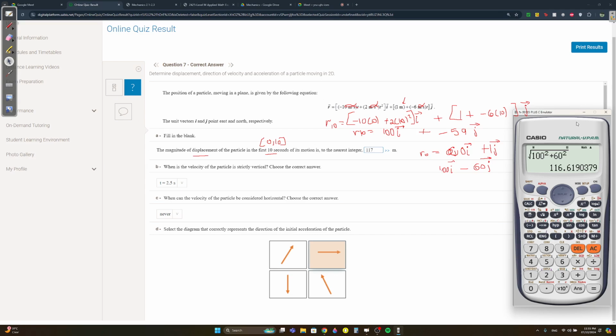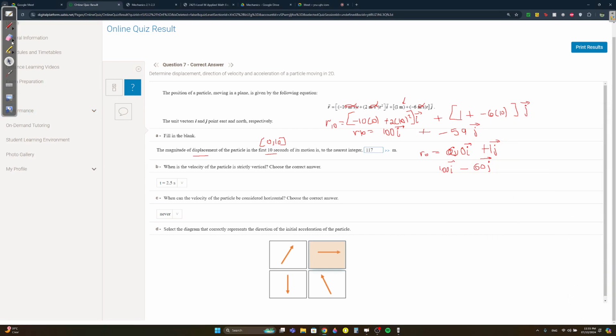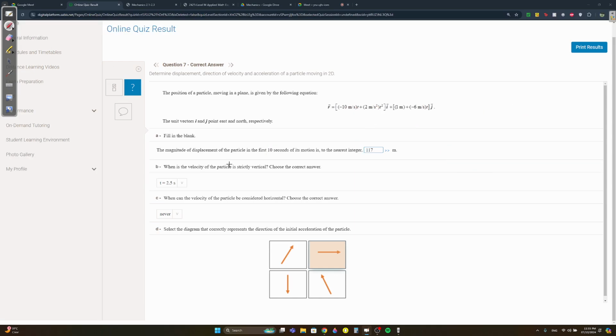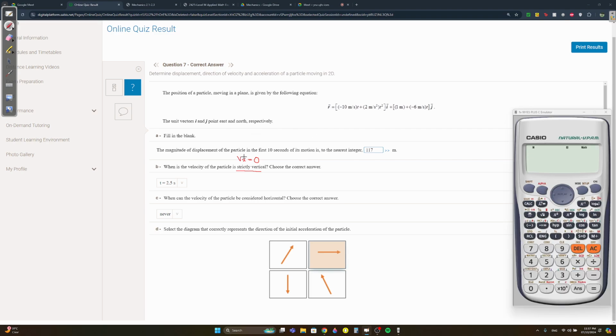When is the velocity of the particle strictly vertical? When we say strictly vertical, it means Vx is equal to 0. Vx is equal to 0 when... If you want to equate Vx to 0, we need to find first what's Vx. Vx is equal to the derivative of r, the x component, over time, right?